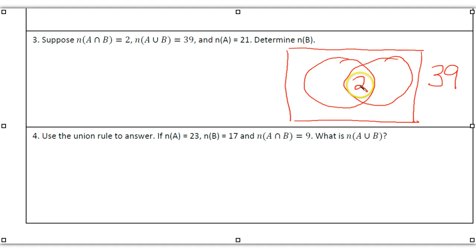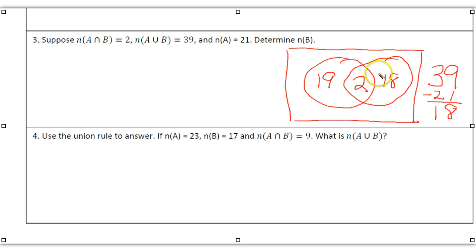So if I subtract 2 from 21, I know this is going to be 19. And now you can see what we need to do. We need to subtract 21 from 39 and get 19. Let me see, no, 18 here. So this part is 18.